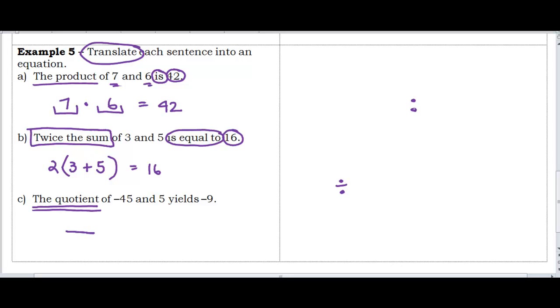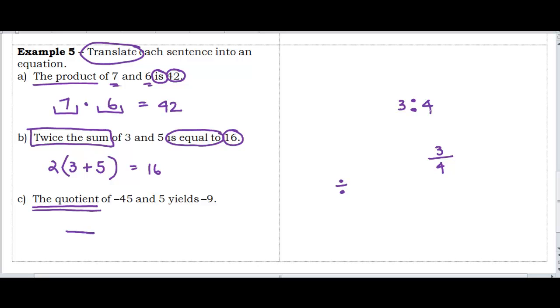Yes. Where? Could be because it's like, the ratio 3 to 4, right? So they could be saying it's a ratio 3 to 4, and that's still the same idea. Ratio, division, fraction bar.